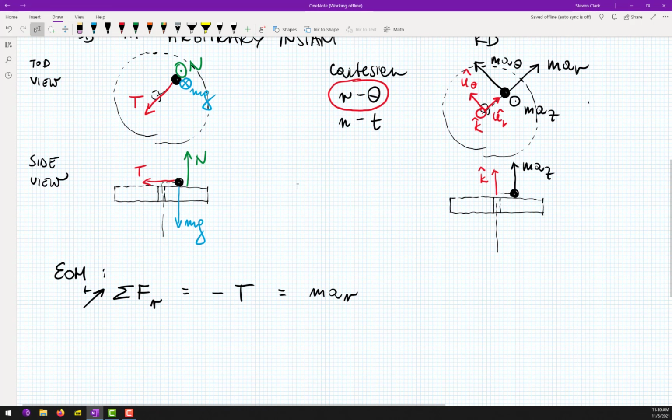So what's the next step? I think that our next step should be expressing these terms in some useful way.